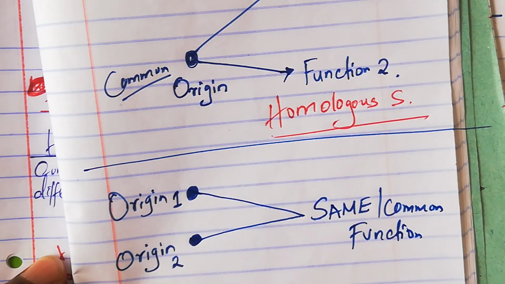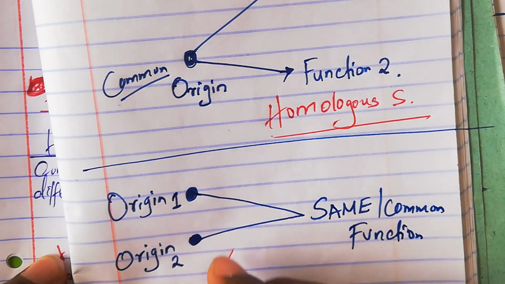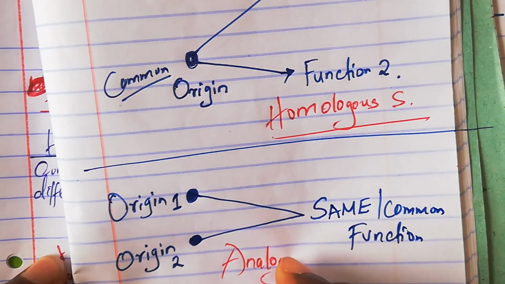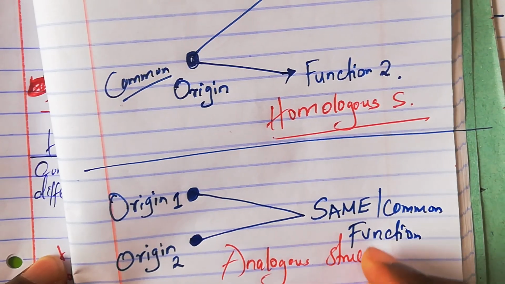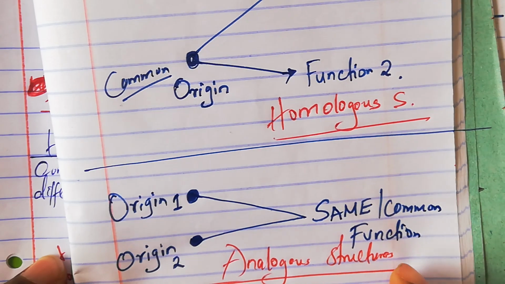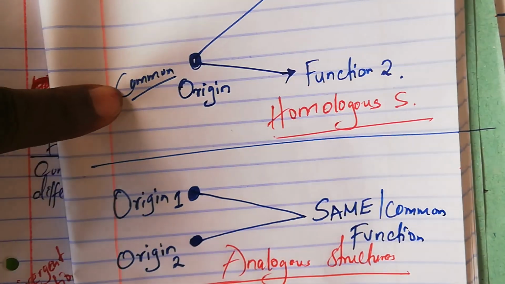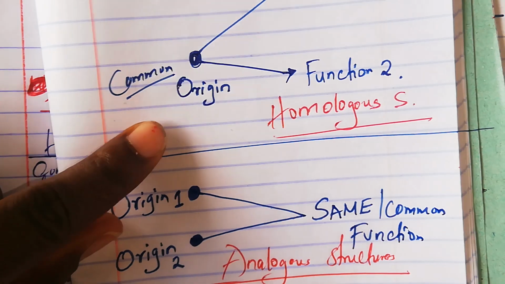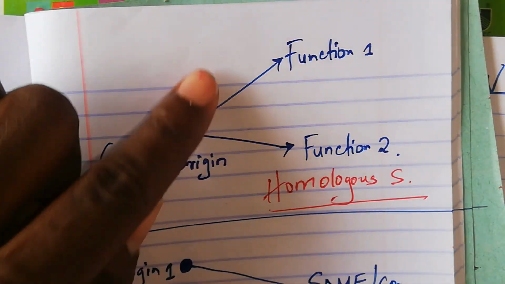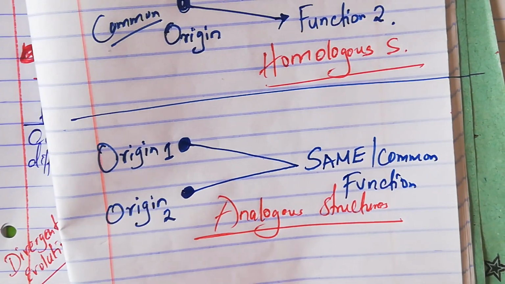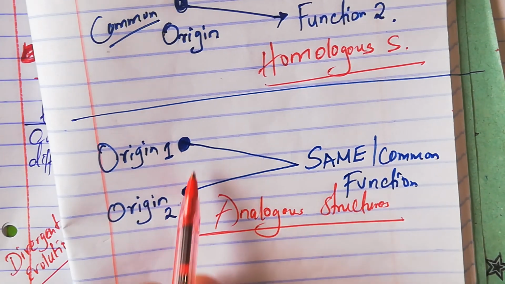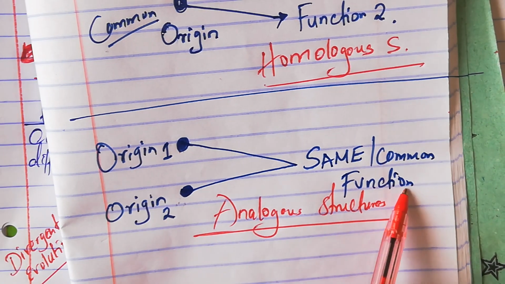So that one is for analogous structures. So for homologous structures, common embryonic origin performing different functions. For analogous structures, different embryonic origins performing similar function.